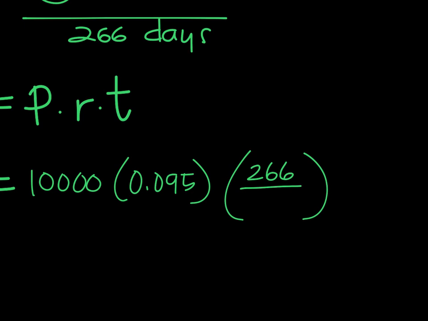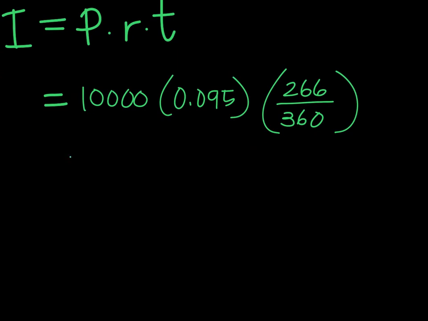Since this is an ordinary interest, 1 year is equal to 360 days. Again, compute 10,000 times 0.095 times the fraction 266 out of 360, and that is equal to 701.94.